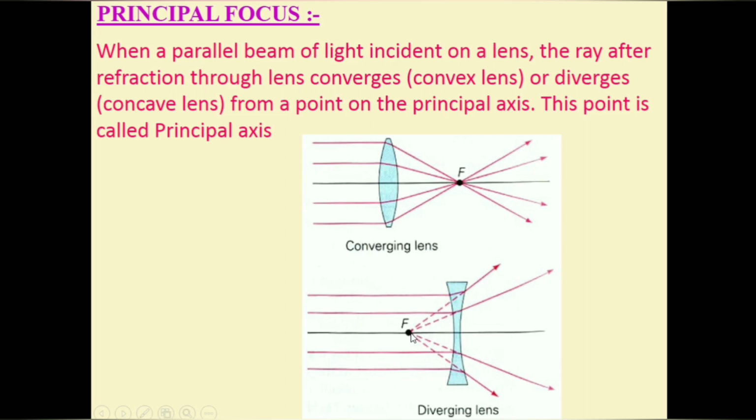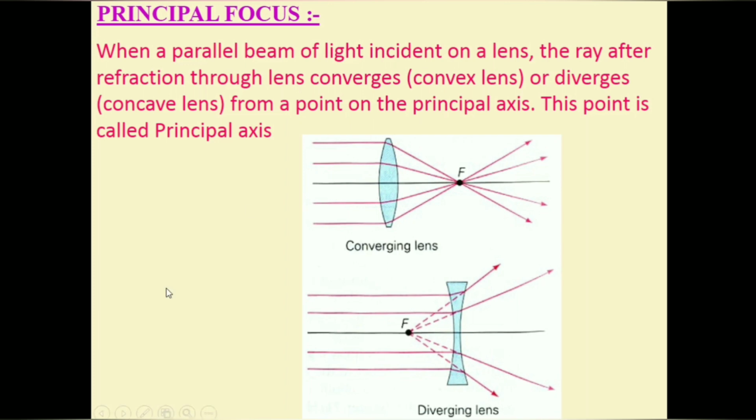And here, when it converges at a single point, this point is on the principal axis. In a concave lens, when it diverges and appears to be coming from a point, this point is also lying on the principal axis, so we can call this point the principal focus.